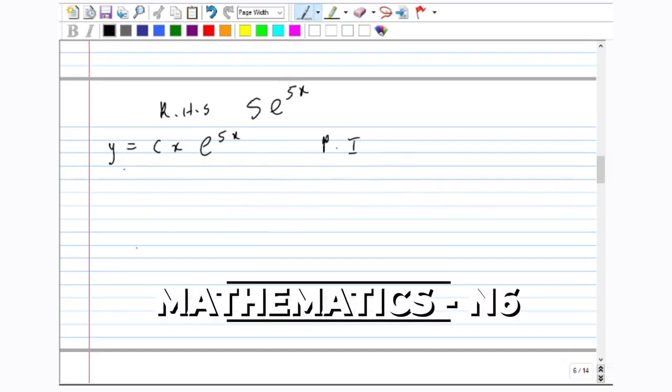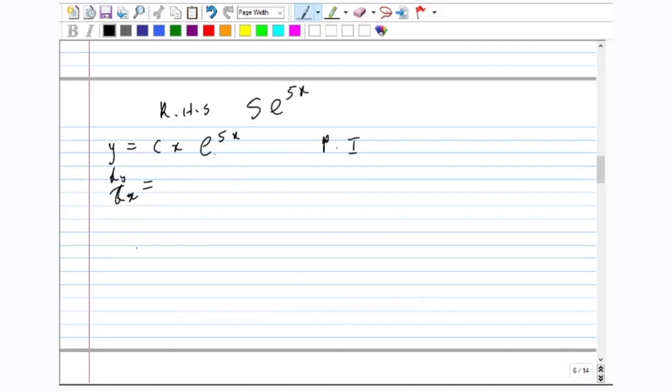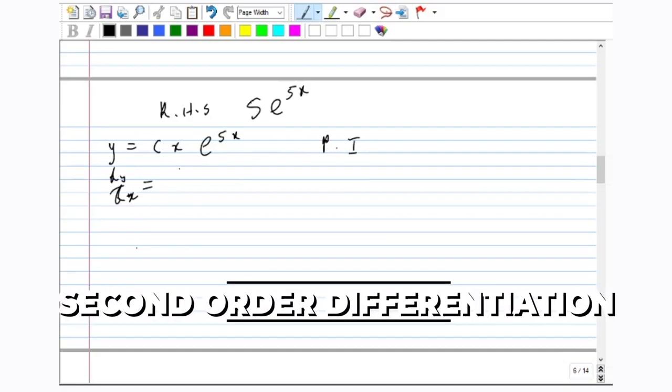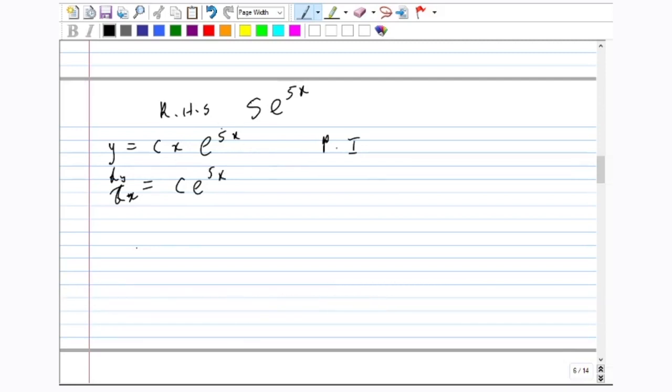Okay? So we have this, we want to differentiate. So we want to find dy over dx. Obviously, we are using the product rule. So let's differentiate this x first. Therefore, we are going to be left with c e to the exponent 5x. Then we differentiate this part here using the product rule, and we are going to get 5c x e to the exponent 5x. Then we differentiate for the second derivative.